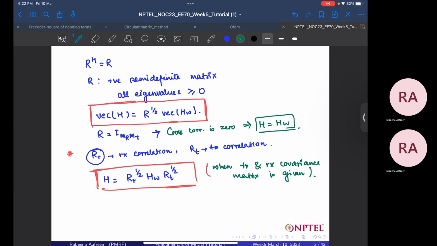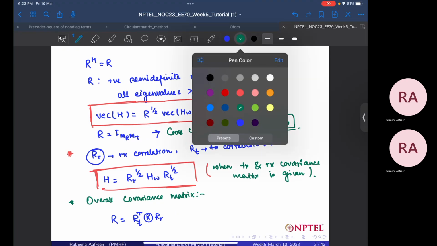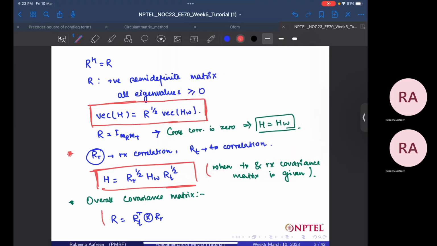Okay, so in this case, the overall covariance matrix would be R equal to RT transpose Kronecker product with RR. Now we will see what Kronecker product is. I'll just explain briefly.